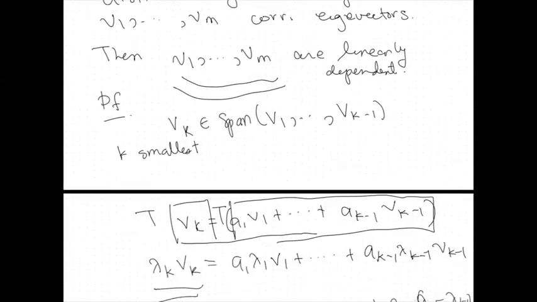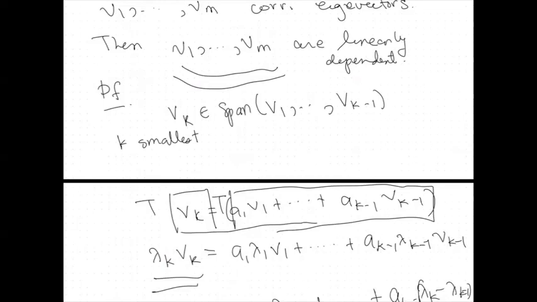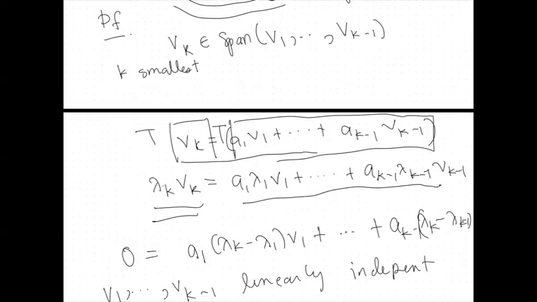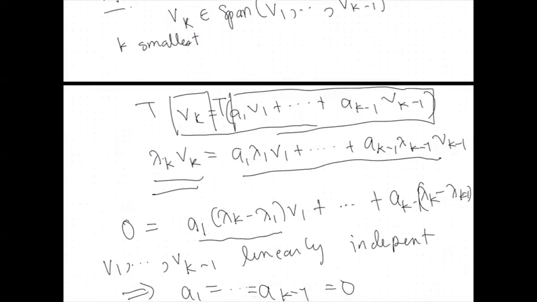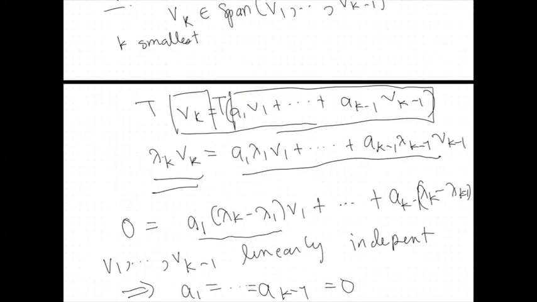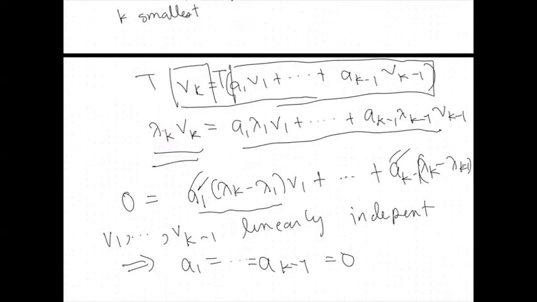Applying our transformation, we get T of vk is just lambda k vk. Multiplying by lambda k and subtracting, we get this equality, and applying the linear independence of v1 to v(k-1), the coefficients a are 0.